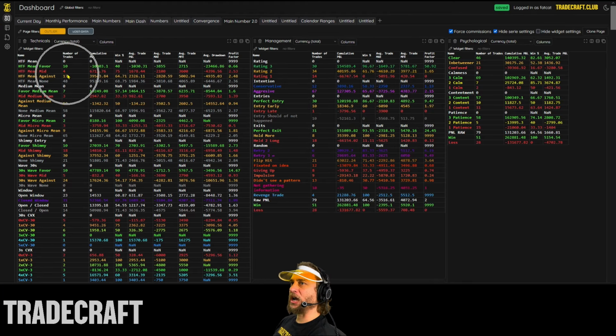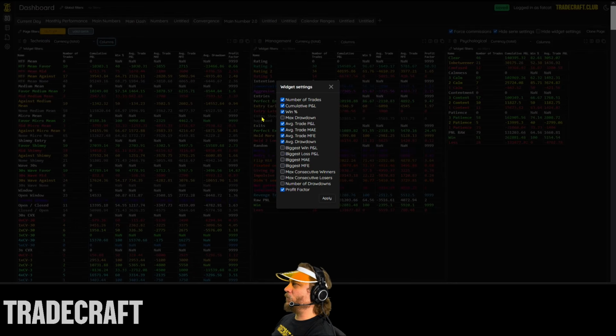So number of trades, because I want to see sample size, cumulative P&L, my win percent, average trade P&L, average MAE, average MFE. We have average drawdown, profit factor. For me, some of these aren't as important, so I would say the most important things for me are number of trades, cumulative P&L, win percentage, average MAE, average MFE, and profit factor.